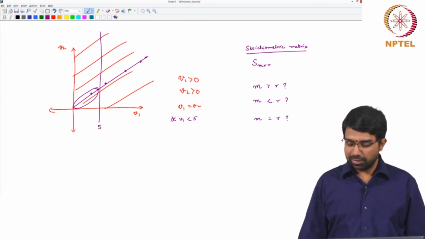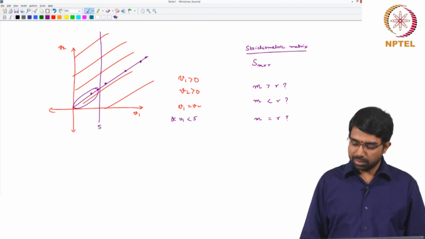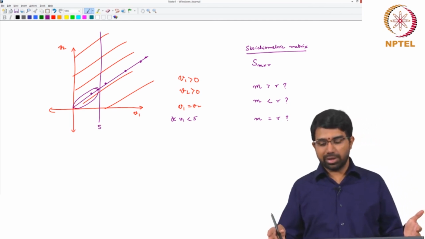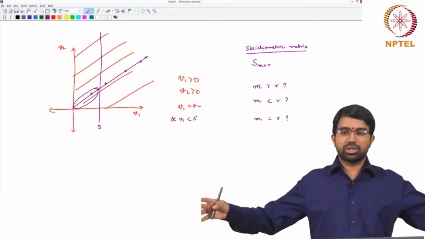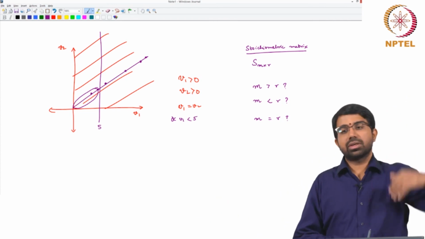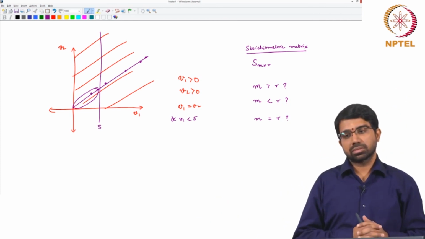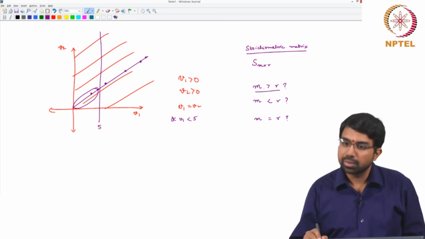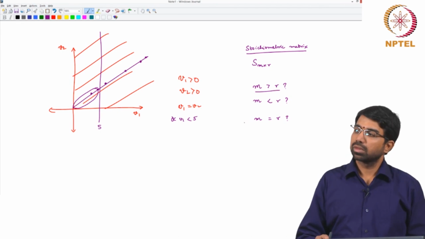Do you usually have more metabolites than reactions, or more reactions than metabolites, or roughly the same number of metabolites and reactions? So, are you going to have a square stoichiometric matrix, or a fat stoichiometric matrix, or a tall matrix? Tall, that would mean this. Why?